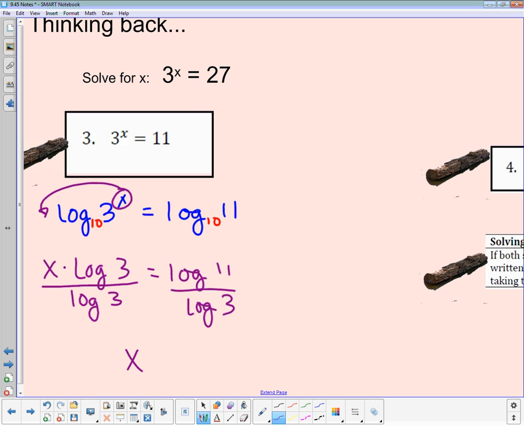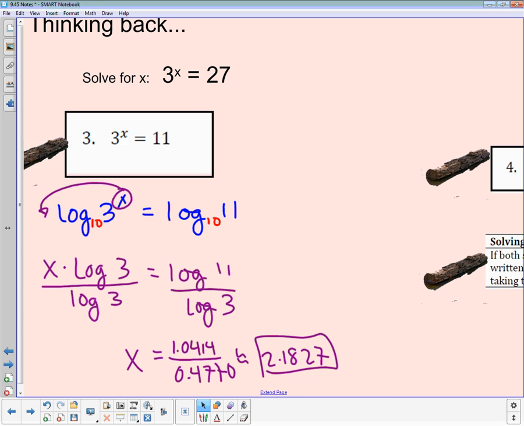Log of 11 divided by log of 3. The values that you should get here are about 1.0414 for the log of 11 and about 0.4770 for the log of 3. And when I divide those two, I get 2.1827. So that's the approximation for x in this example.